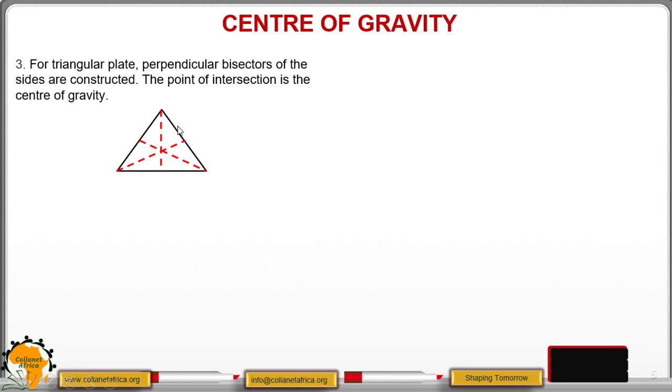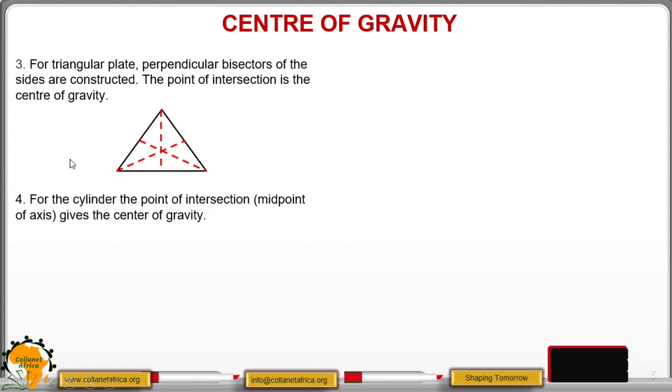Then the next side, and the perpendicular bisector is this one here. Also the third side, and the perpendicular bisector is this line here. They all meet at a point, and that point is the center of gravity of this plate.